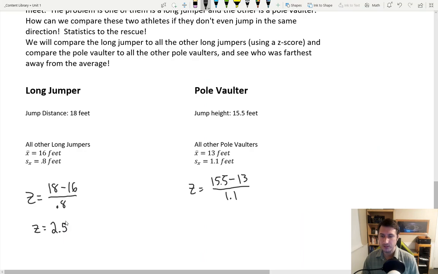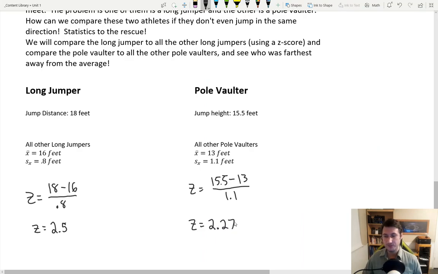So this person was 2.5 standard deviations above their mean. All right, this person now, 15.5 minus 13 divided by 1.1. This one is 2.27.